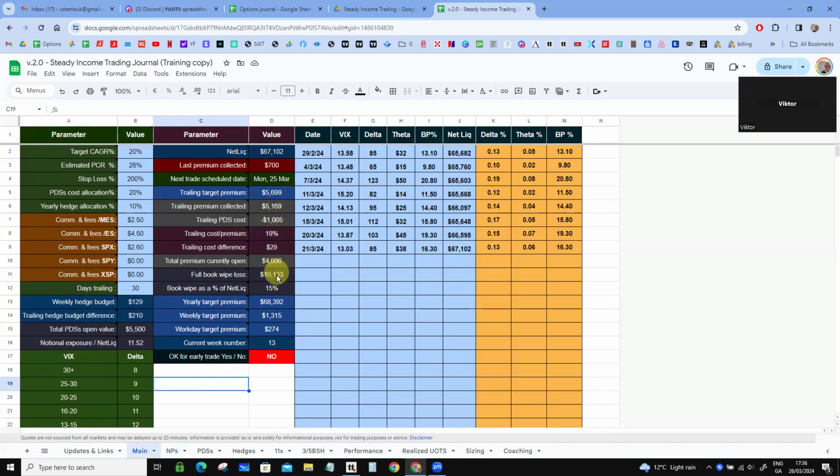Let me see, I covered this. Okay, so we are here now, yearly target premium. This is an important number, because the spreadsheet is using a formula.